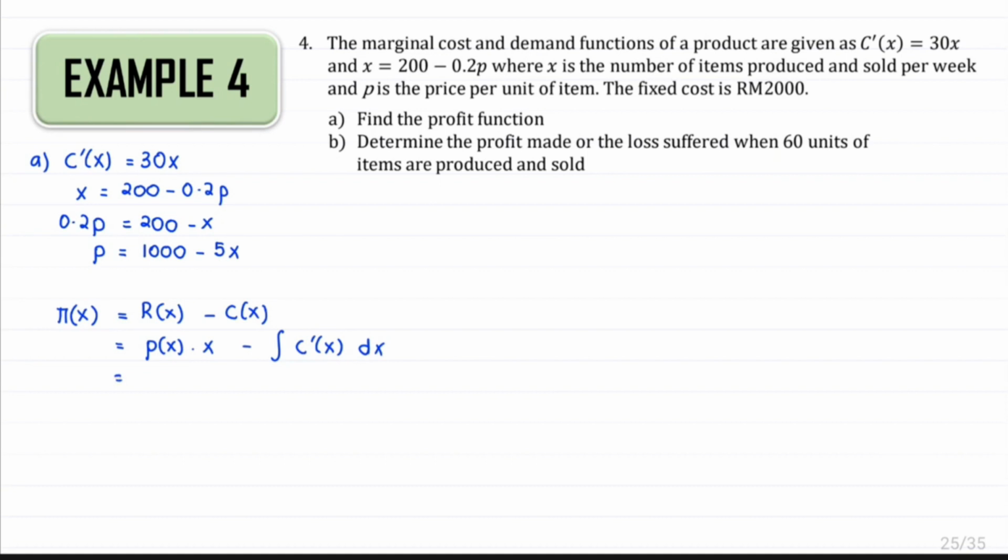So we get revenue (1000 − 5x) times x minus the integral of 30x dx. Then we solve, we get 1000x − 5x² − 30x²/2 + C.